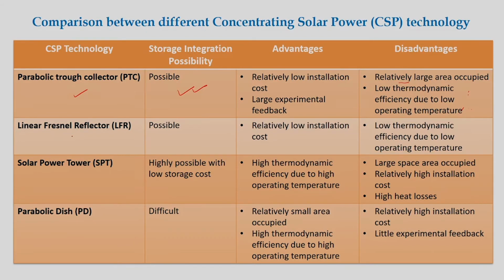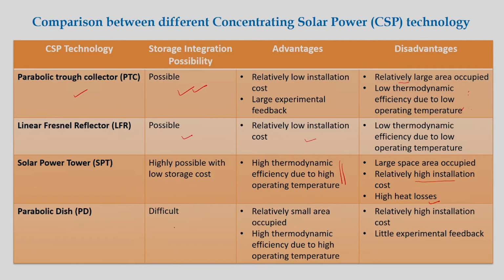And in case of linear Fresnel reflectors, storage is possible, and the advantage is relatively low installation cost, and disadvantages include low thermodynamic efficiency due to low operating temperature, which is primary. For solar power tower, a storage system is highly desirable, because a huge amount of heat is generated and that has to be stored for night use or maybe when demand is very, very high, and its thermodynamic efficiency is high as the operating temperatures are high, but it requires large space area and relatively high installation cost, and high heat losses take place for this kind of technology.